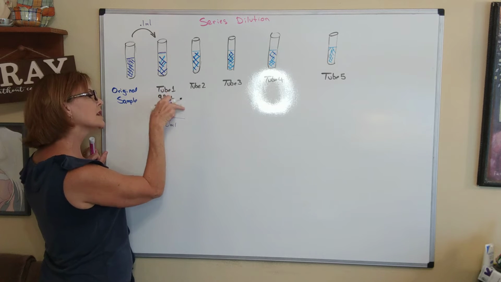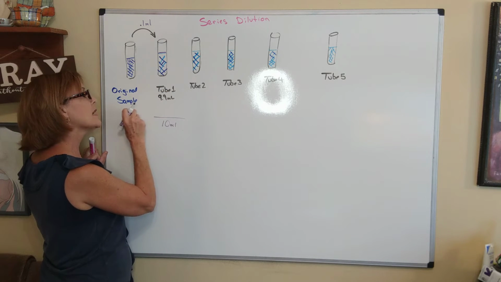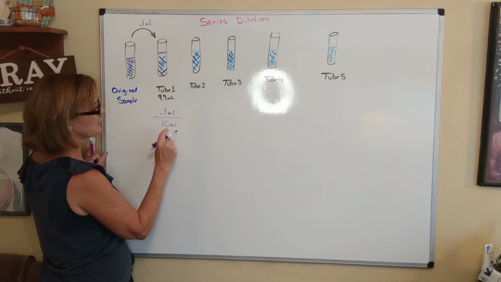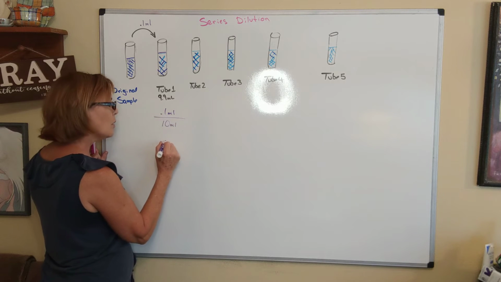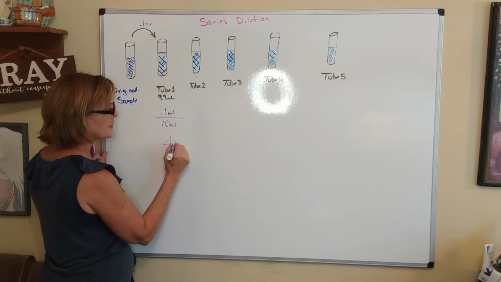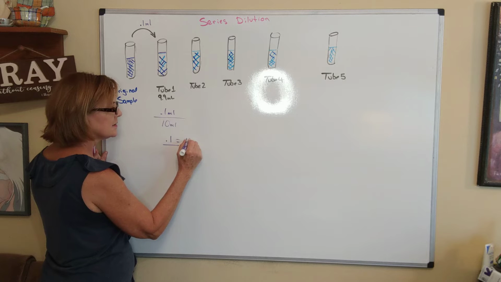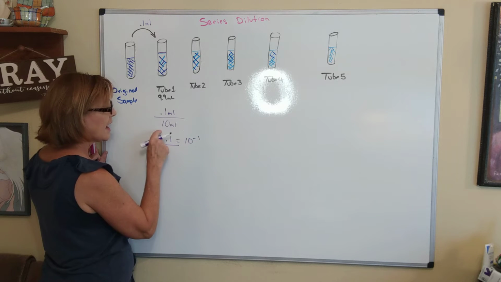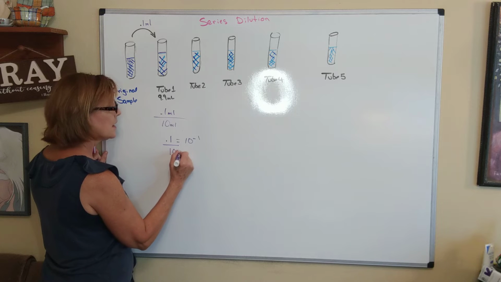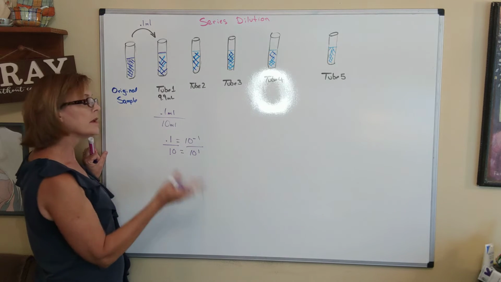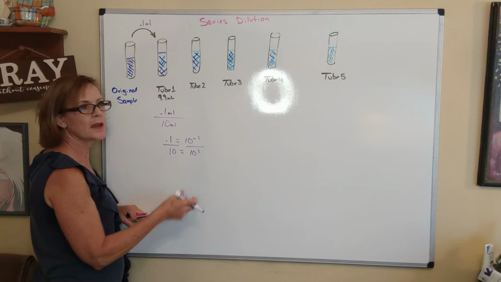But what's the percentage of the sample in here? Well, it's 0.1 milliliter to 10 milliliters. So 0.1 is the same thing as 10 to the negative 1, if you change that to scientific notation. And 10 is the same thing as 10 to the 1, right? In a different video, I talked about exponential factors.